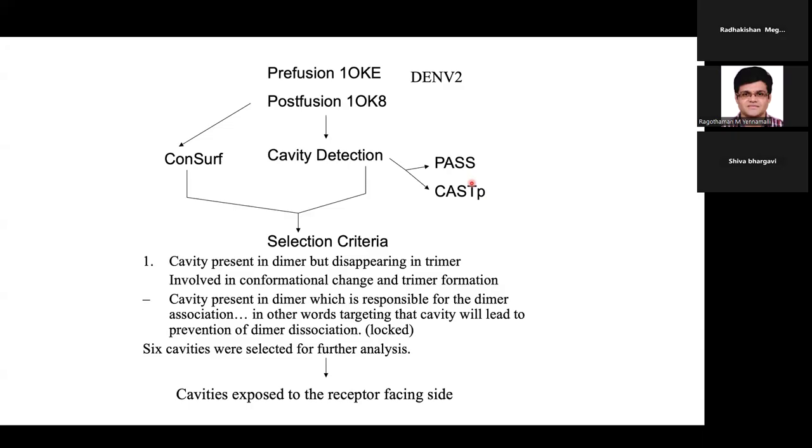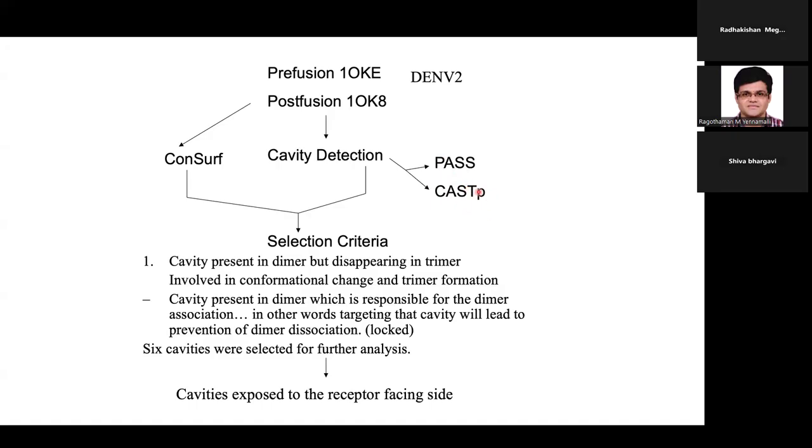It will not take into consideration shallow cavities. So there will be overlap between the two different algorithms because both are cavity detection algorithms. And there might be cavities which are predicted by both. There will be cavities which are predicted only by parts. There will be cavities predicted only by CAST.